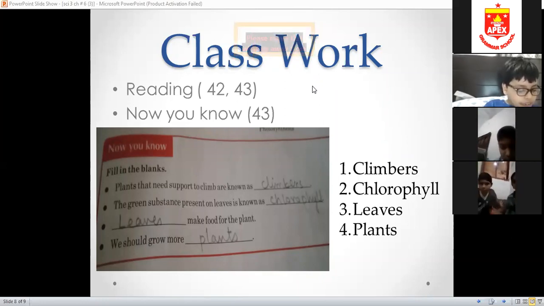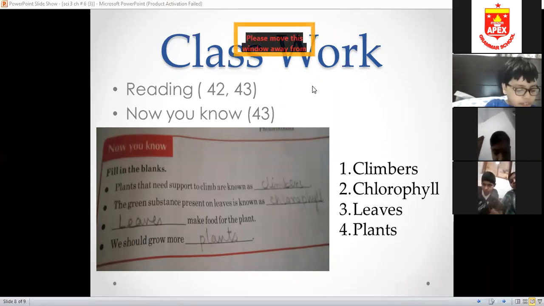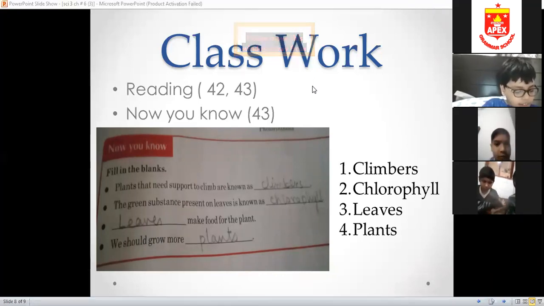The main vein is in the center and small ones branch out from it. The veins carry water and nutrients to the leaf.